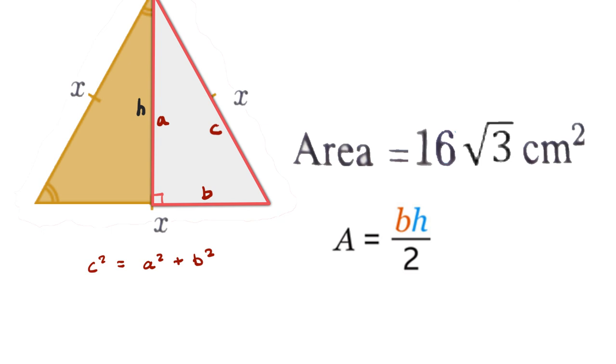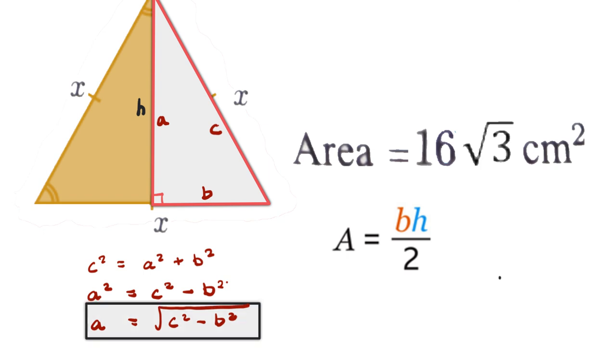If we're looking for a, which is going to be h, we need to rearrange this and say that a squared is equal to c squared minus b squared. And a itself will therefore be the root of c squared minus b squared. So this is going to be our formula.